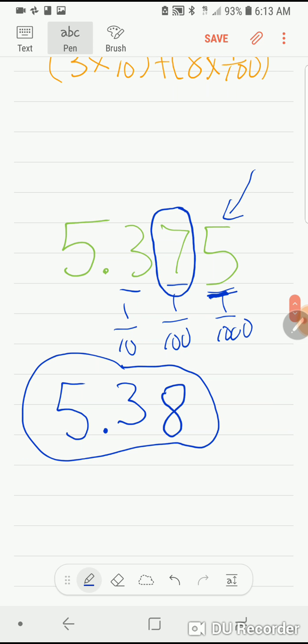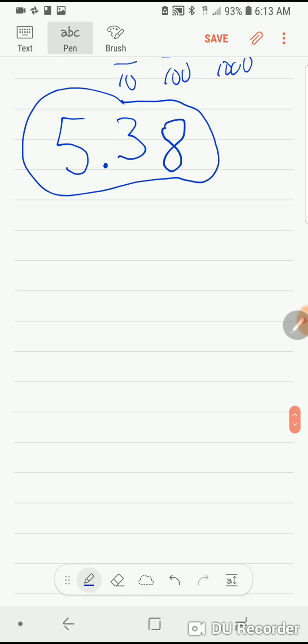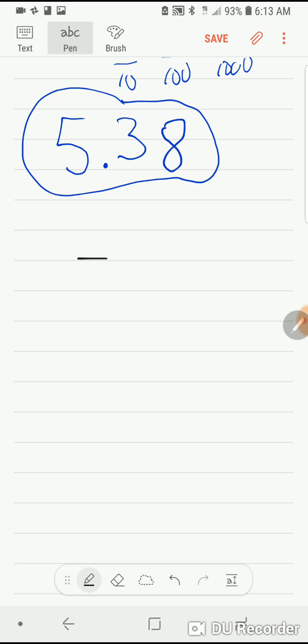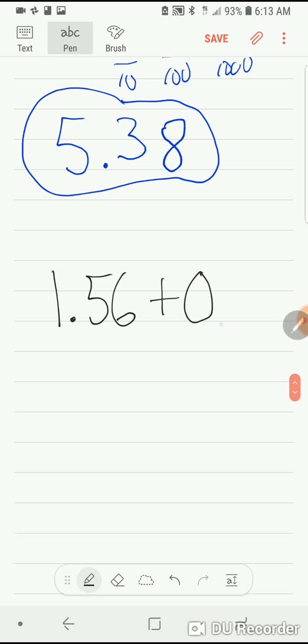Okay, last problem, and then I'm going to send you on a special adventure, what you can do when you are finished with your work today. Let's go to black this time. 2 numbers to add. Let's add 1 and 56/100ths plus 5/10ths.